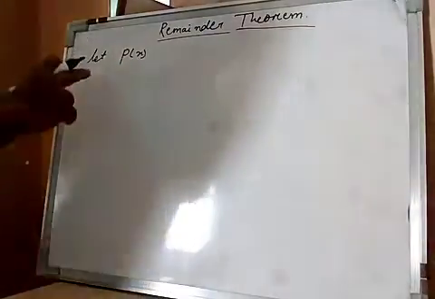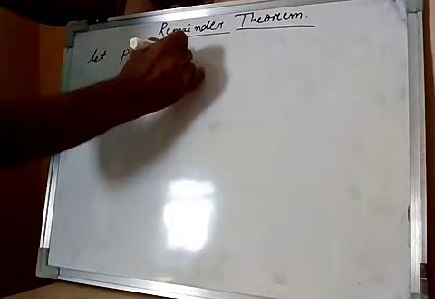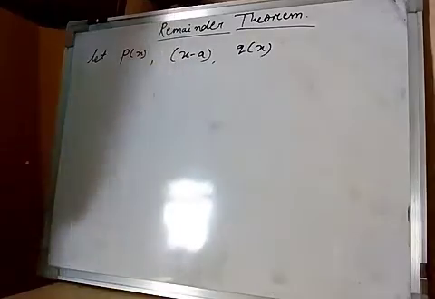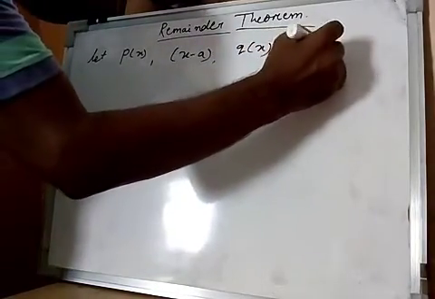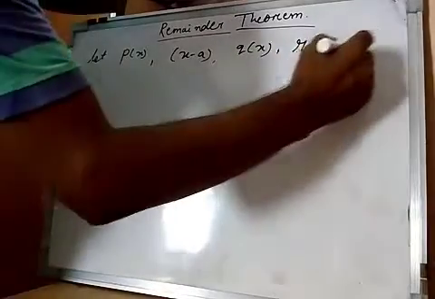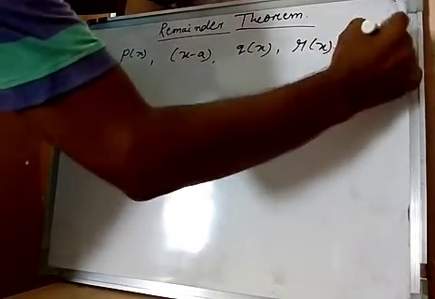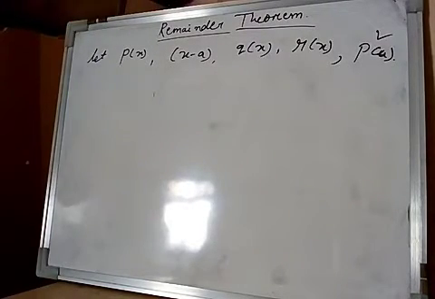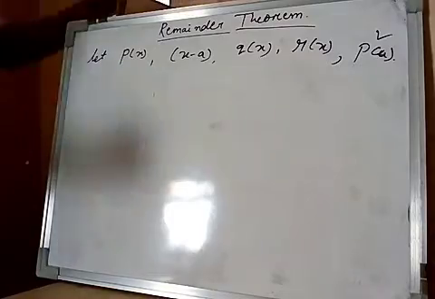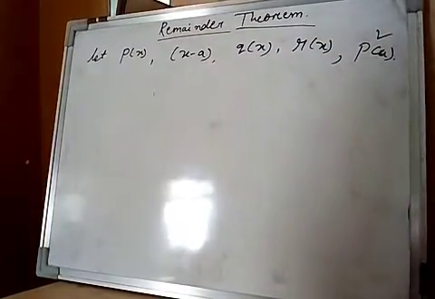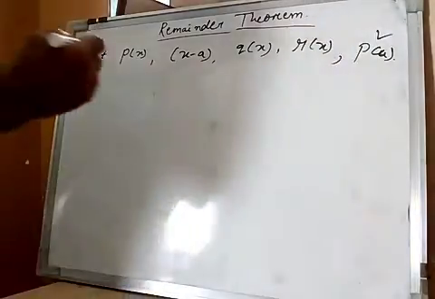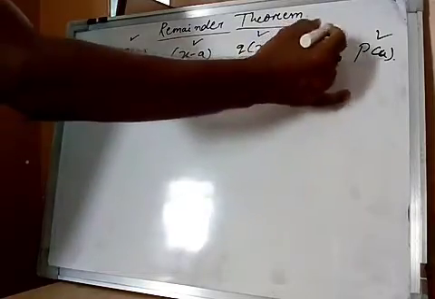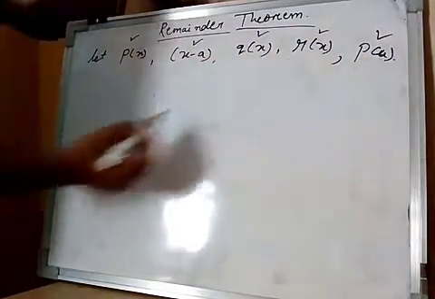So let p(x) be the polynomial divided by x minus a, then the result is q(x), and the remainder is r(x), or we can say the remainder is p(a). So we have to prove here how p(a) is the remainder.